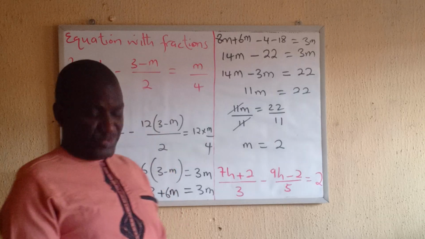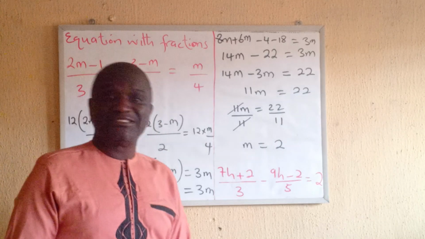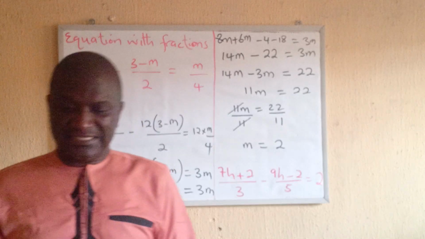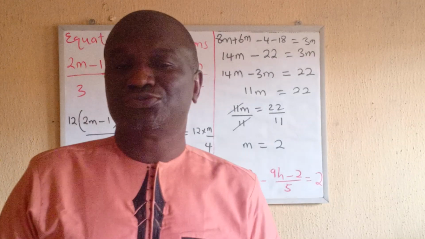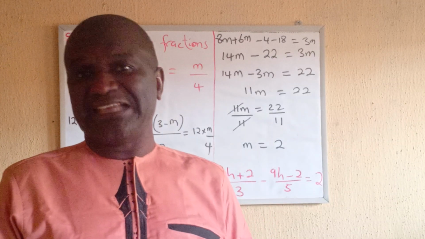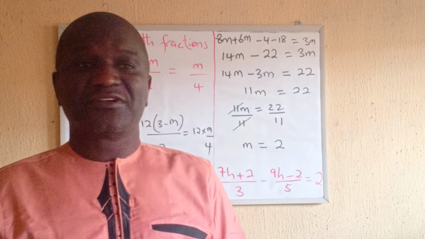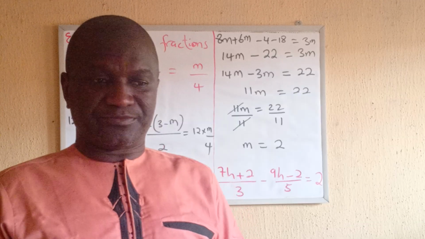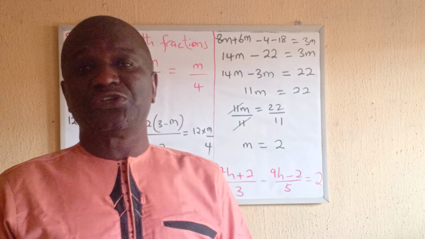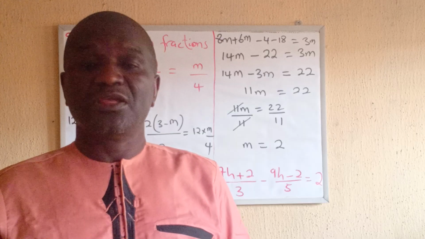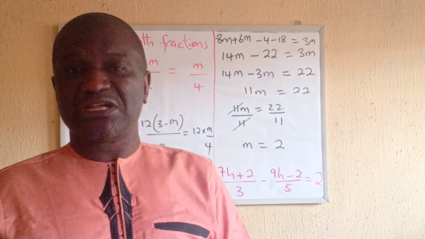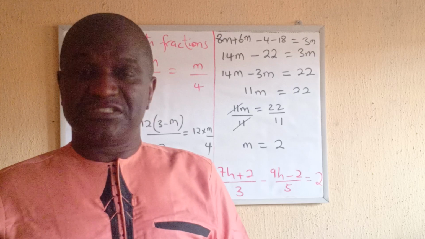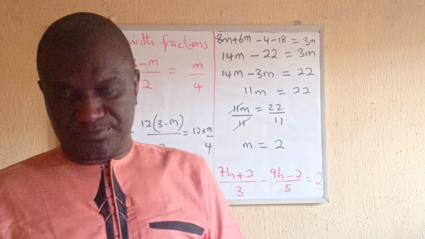Now, we have come to the end of today's lesson. What have we done? We have known how to find LCM. When you have an equation with fraction, you should be able to find the LCM so that you can clear the denominator.